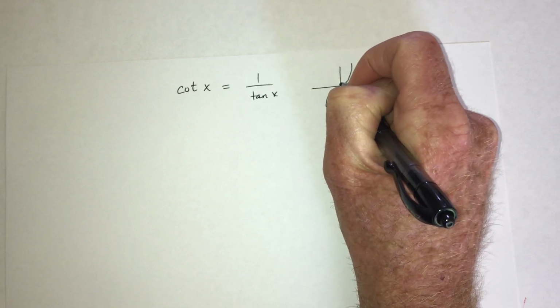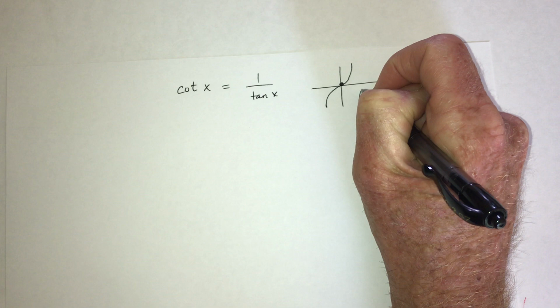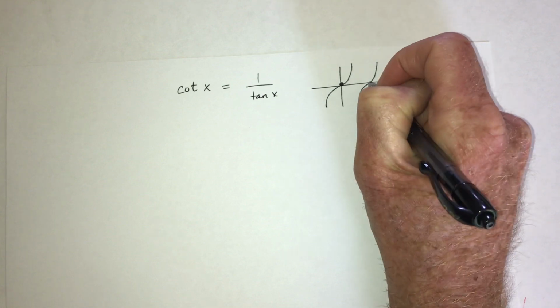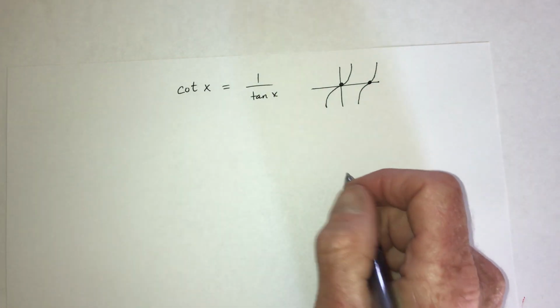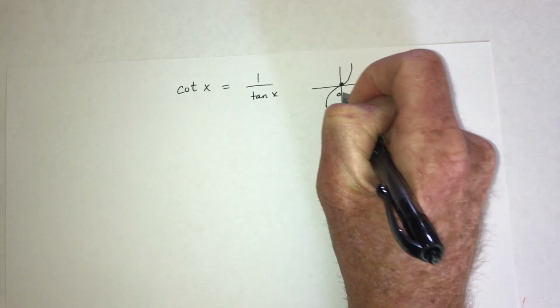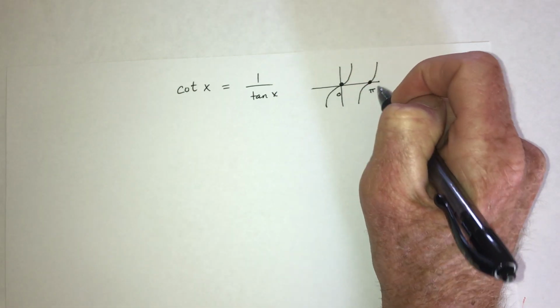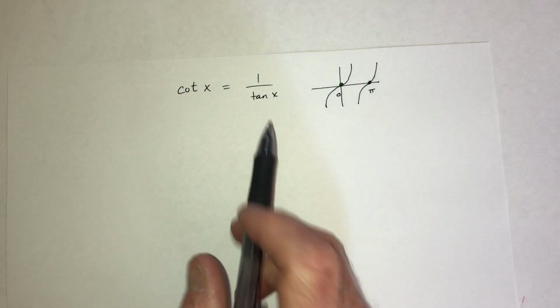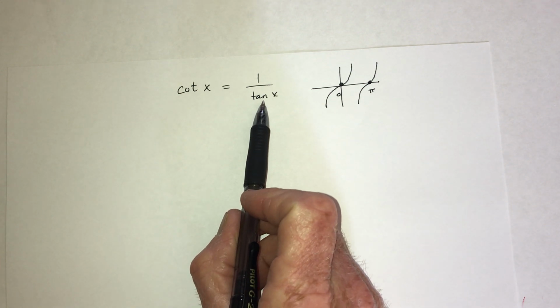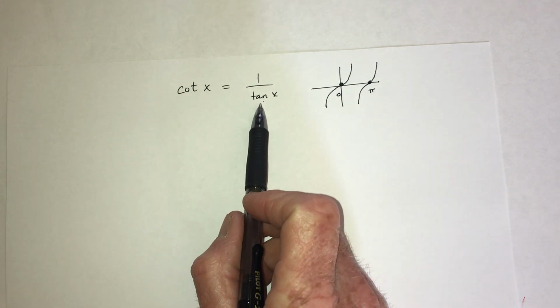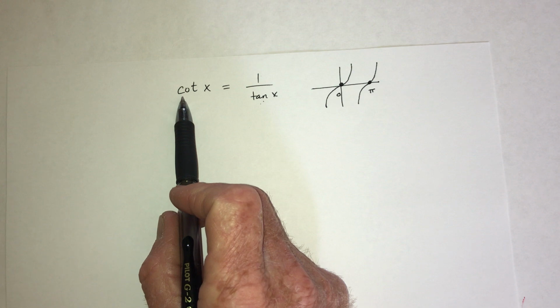It would equal 0 right here. It would look like this. It would equal 0 right here. And this would be when x equals 0. This one would be when x equals pi. So anytime tangent is equal to 0, this is going to say 1 divided by 0, and cotangent will be undefined.